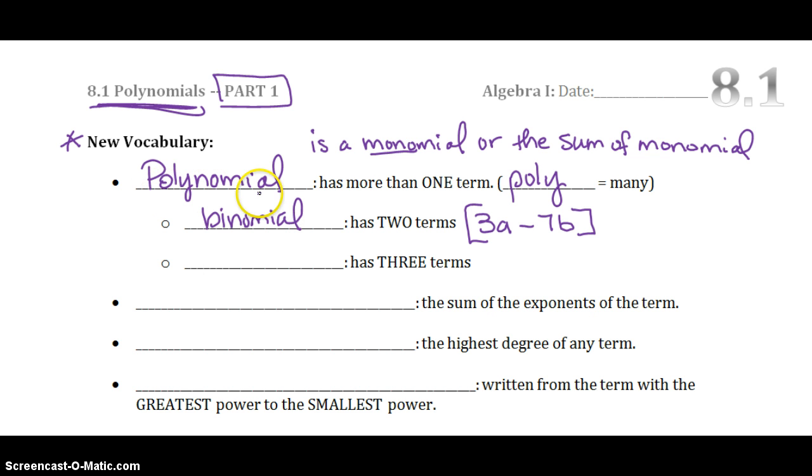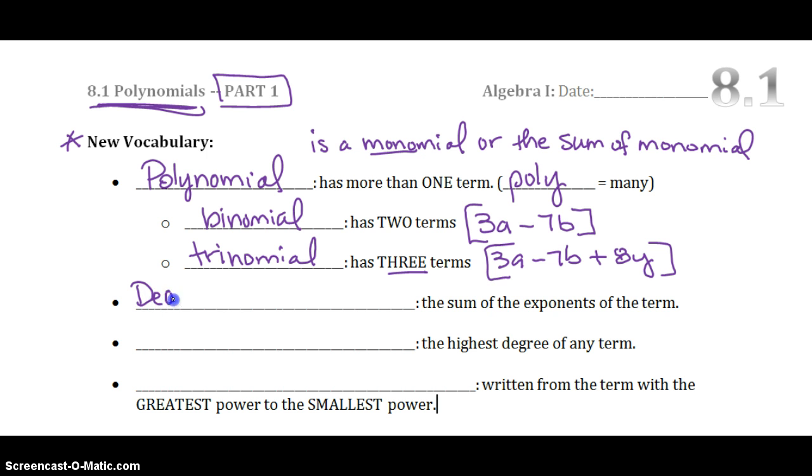So polynomials can be monomials, binomials, and guess what a trinomial is? It has three terms. So say I have 3a minus 7b, and I can add a third term like 8y, and that makes a trinomial. So within polynomials, you have monomials, binomials, and trinomials.